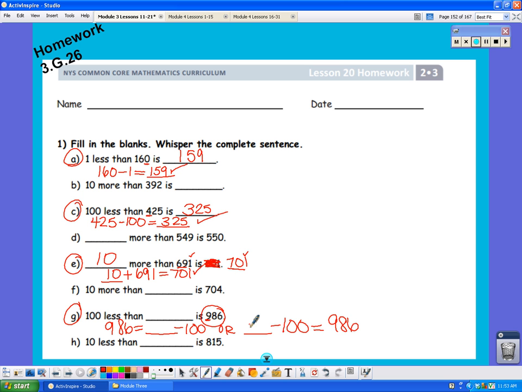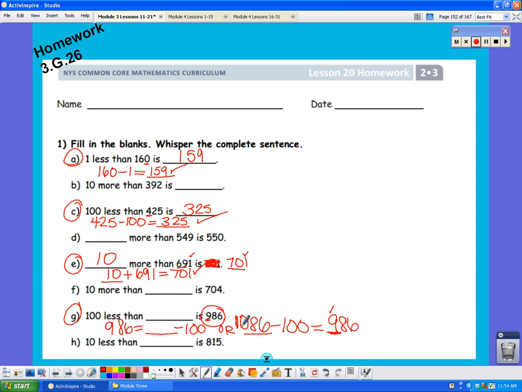Well, I want to change the number in the hundreds place because I'm looking at 100 less than this number. And we know that this number needs to be more than this one. So if I have 9 tens, I need 900s, I need to have 10 hundreds, 8 tens, and 6 ones.